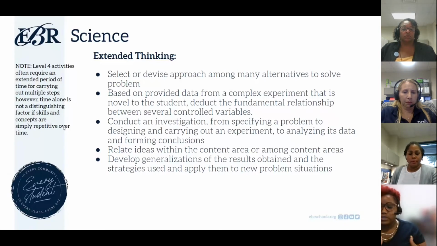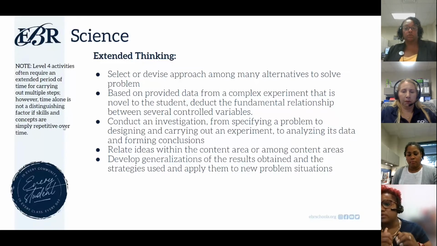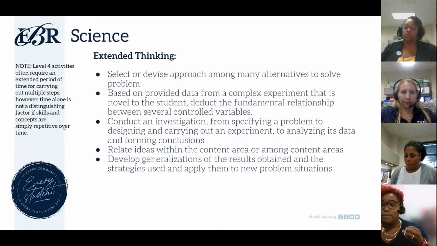So if a student is doing the same activity over and over, and they did not come up with that activity on their own, and we're not having that actual rich thinking into how this is working with other parts, it would not be a DOK level 4 just because it's an activity. We have to remember that those activities must be selected or devised from many alternatives. They must be conducted investigations that the students have come up with on their own.